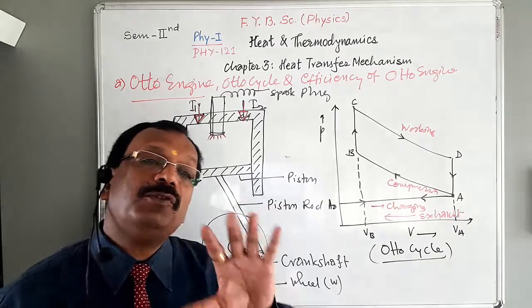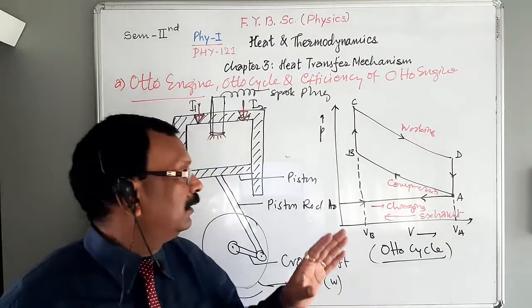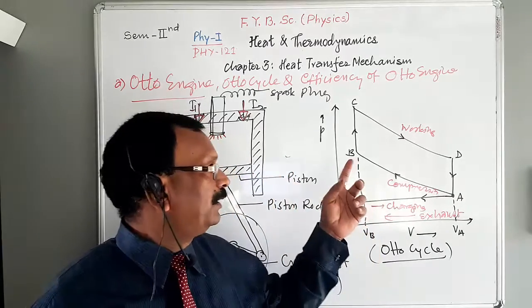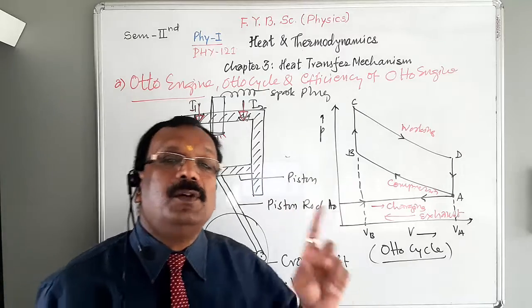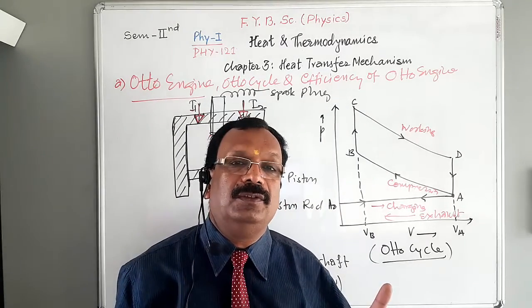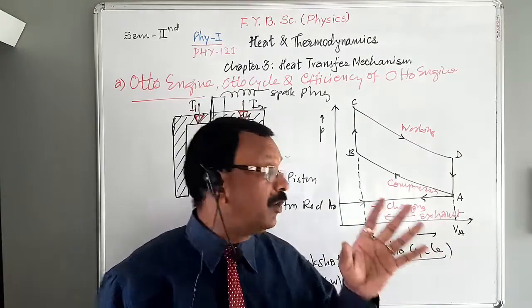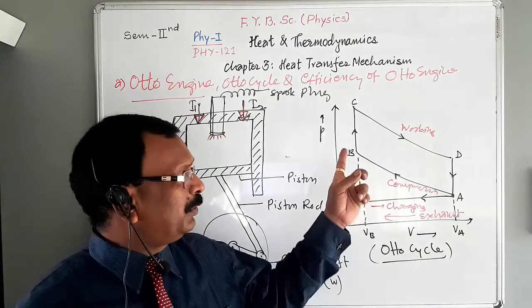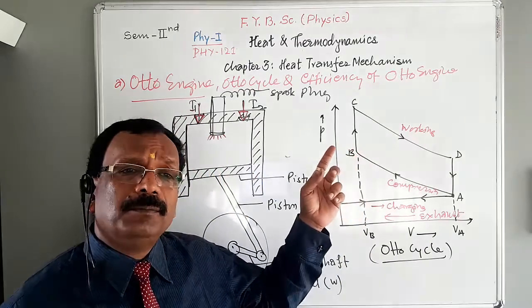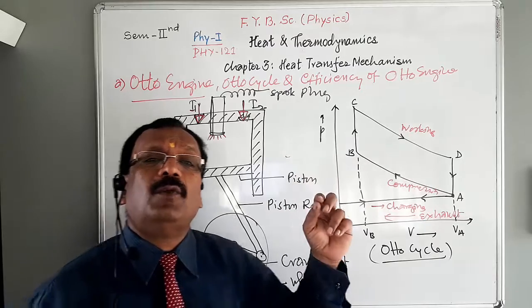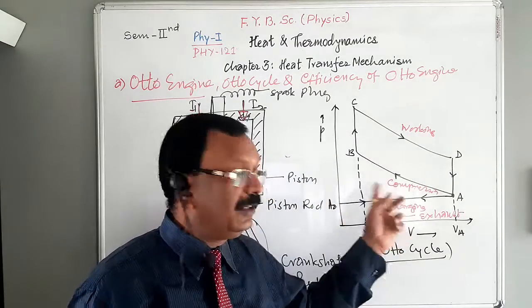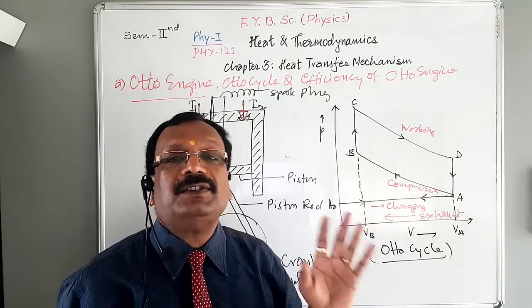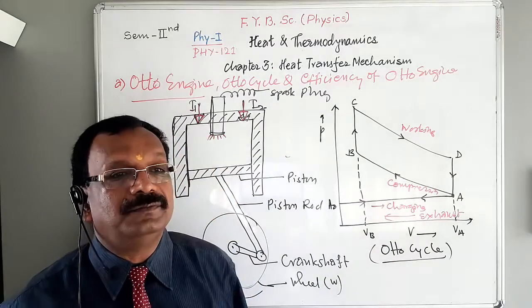So you have to remember that there are 4 strokes: charging stroke, compression stroke, working stroke and exhaust stroke. You also have to remember that the Otto cycle consists of 4 strokes, but one cycle of operation involves 6 operations as shown in this figure.